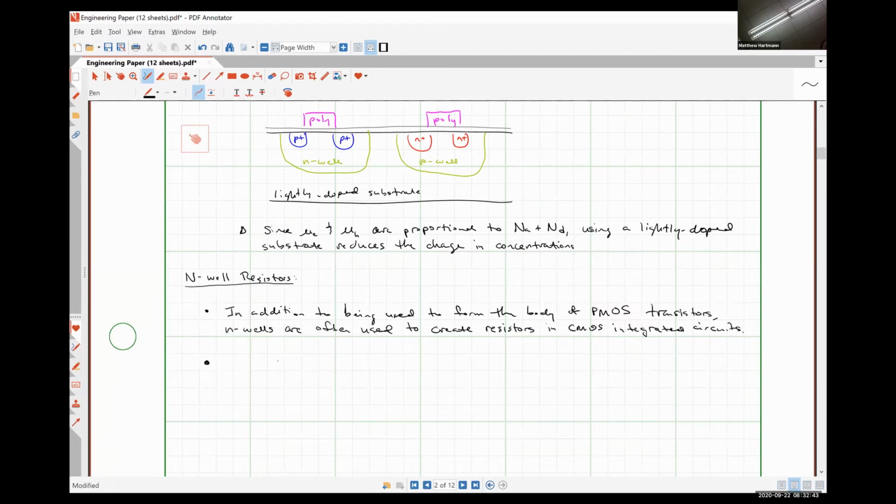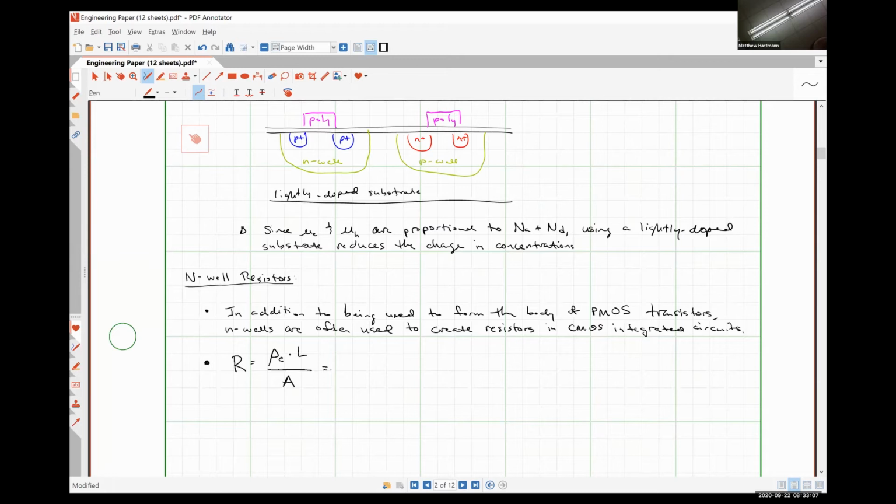We know that the resistance R is equal to rho E, which is the electrical resistivity, multiplied by the length of a piece of material divided by the cross-sectional area of a piece of material.